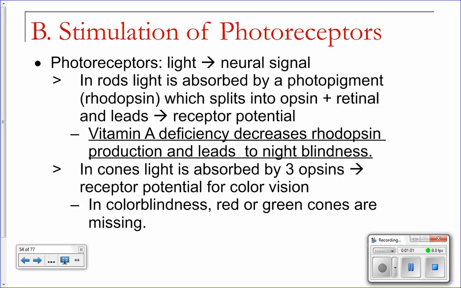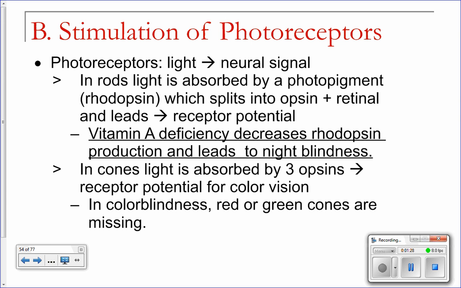When light comes into that rod, that rhodopsin molecule absorbs a photon of light. And when it absorbs that photon, the retinol and the opsin split. When they split, they cause a series of chemical changes in that rod that causes the rod to send a signal to the bipolar cell, okay?